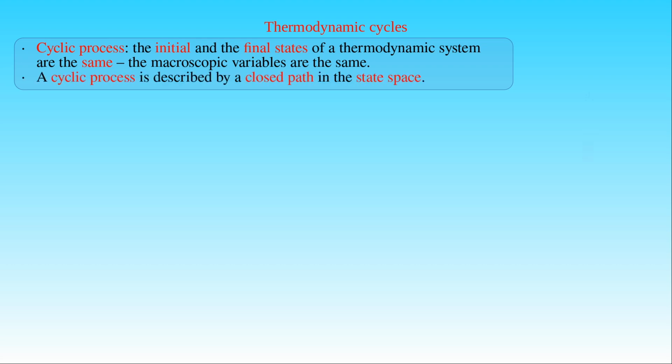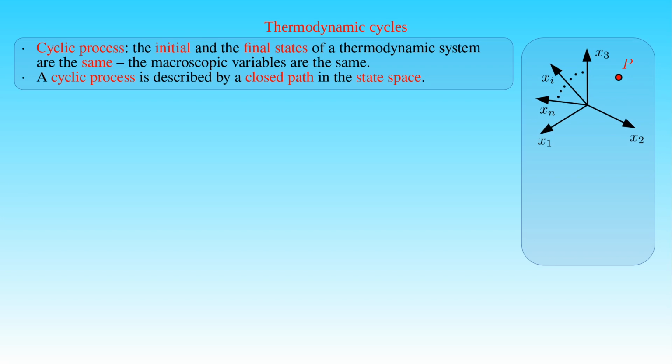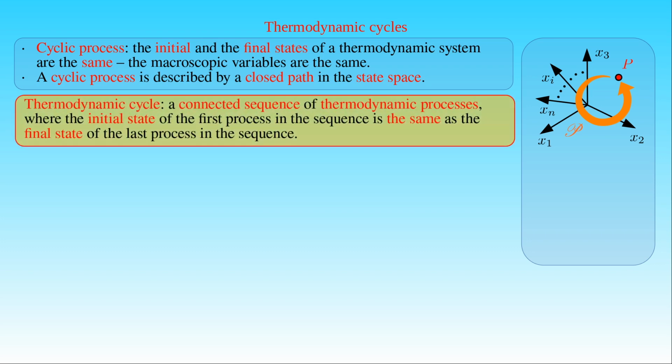In the n-dimensional state space of a thermodynamic system, the point P represents the initial state of the system, and the closed path labeled by calligraphic P indicates that the system leaves its initial state and returns to it. The concept of cyclic process can be generalized to a connected sequence of thermodynamic processes, where the initial state of the first process in the sequence is the same as the final state of the last process in the sequence.